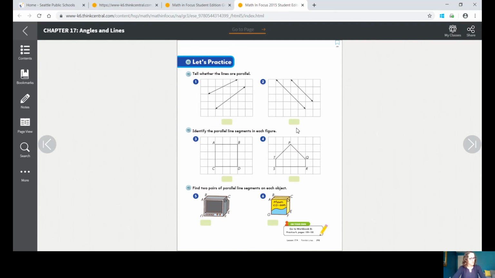Tomorrow's lesson is going to be chapter 17 wrap up, and that will be an independent task for you to do, but I can also share the answers at the end of this lesson so that you have those as well. Okay, so let's see, go ahead and pause me. Get to work on those parallel line segments. It'll help prepare you for the test that you're going to take on Friday.